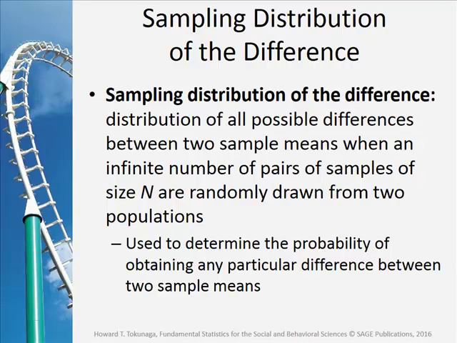We're going to determine the probability of obtaining a difference between two sample means. How likely is it that we get that 9 seconds if there should be no effect? I want to focus on that. How likely is it that we see a difference when no difference exists?